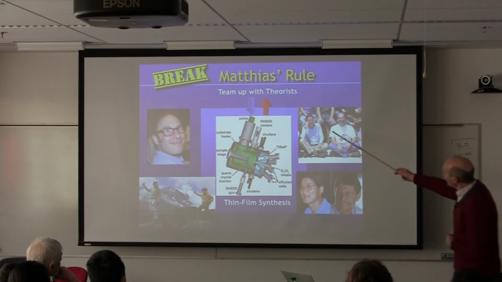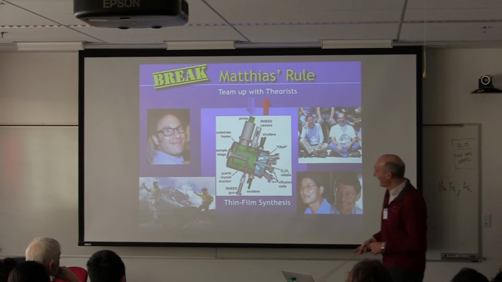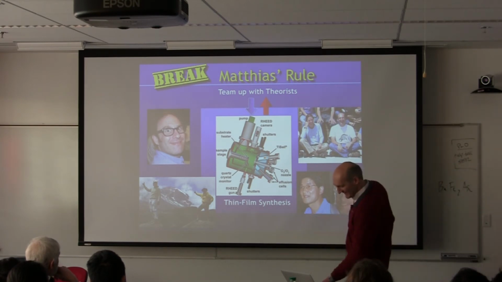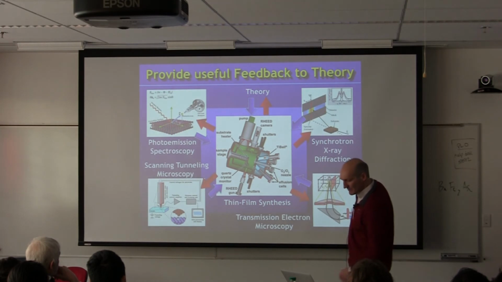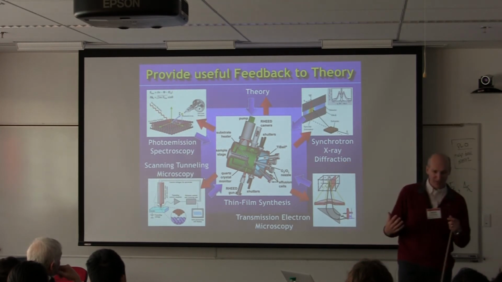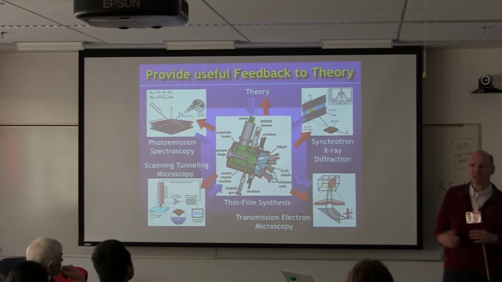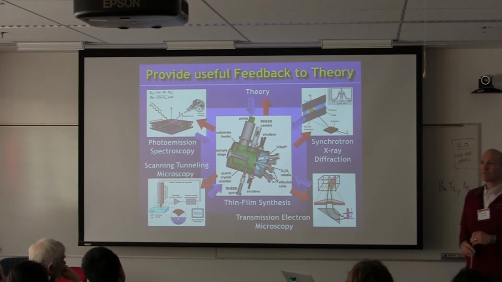Here's Karen. Nicholas Spalding. Okay. Anyway, not only should you not stay away from theorists, but also provide them with useful feedback. I think as you'll see in Karen's talk, a very powerful input coming from theory is what the electronic structure of your quantum material looks like, at least according to calculation.